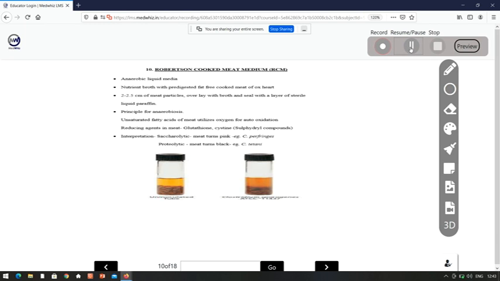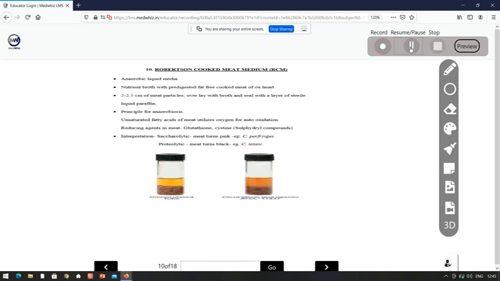Next we have Robertson cooked meat medium, abbreviated as RCM. As the name suggests, it contains cooked meat, so finely chopped red meat particles will be seen. It is an anaerobic liquid medium containing meat particles.